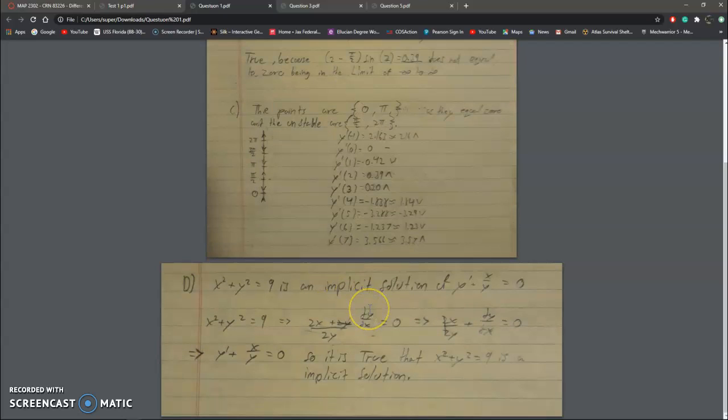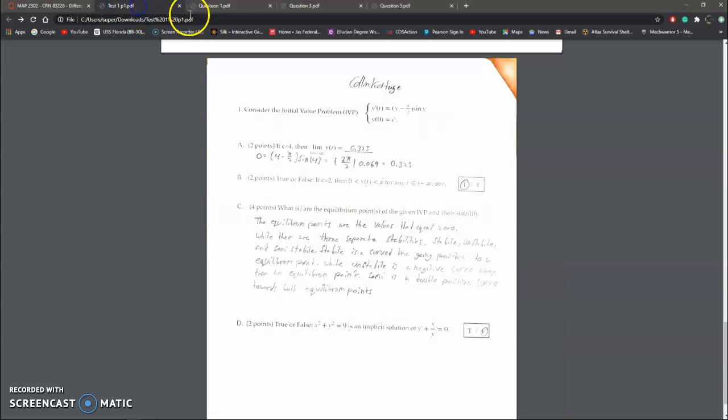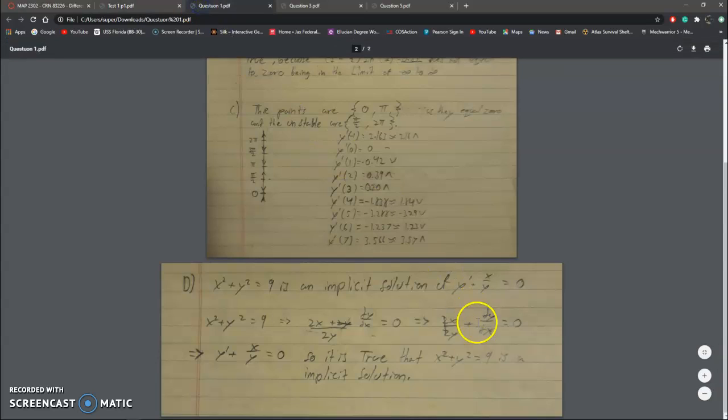Now D, I believe I got that wrong. Yes, because I chose false. While it's true that x squared plus y squared equals 9 is an implicit solution of y prime plus x over y equals 0.